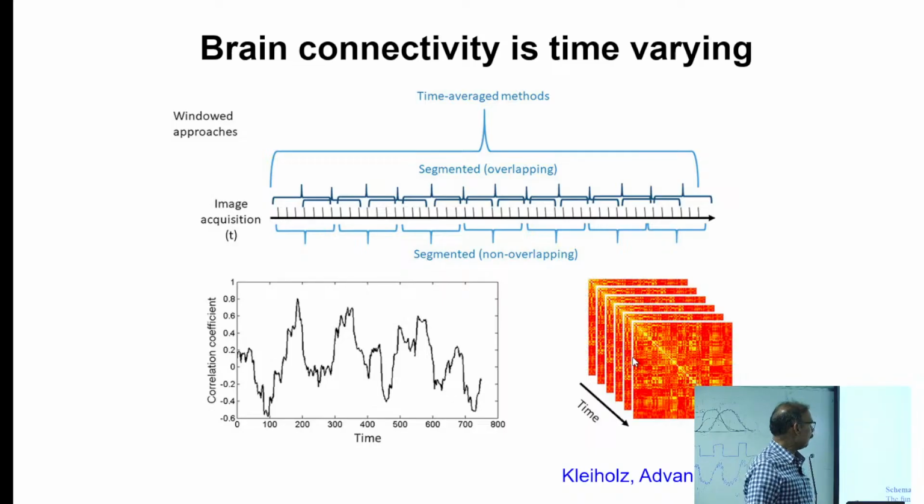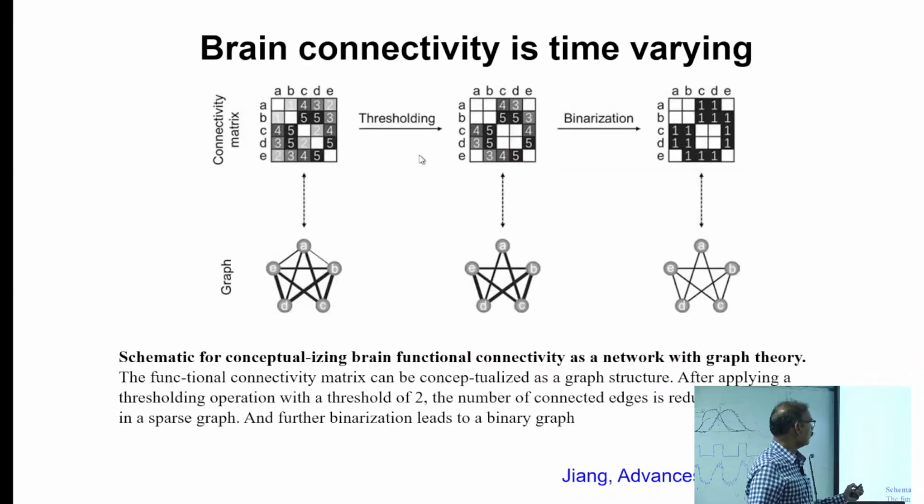So from the matrices, you can say, okay, these are my 5 regions and these are the values, and then you set a threshold and binarize them, right? Once you binarize them, one approach is to plot them in this fashion, where it's a binary image, so it's either connected or not connected.